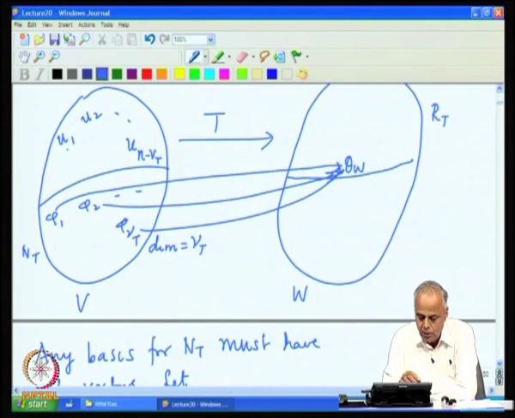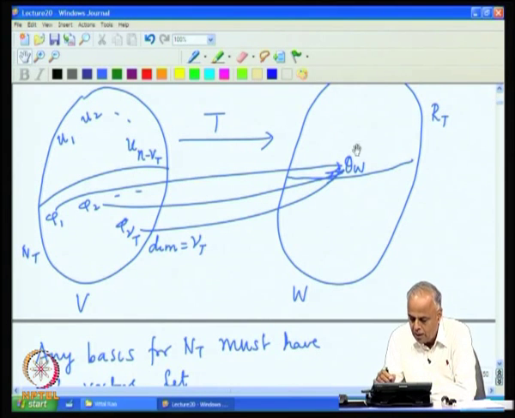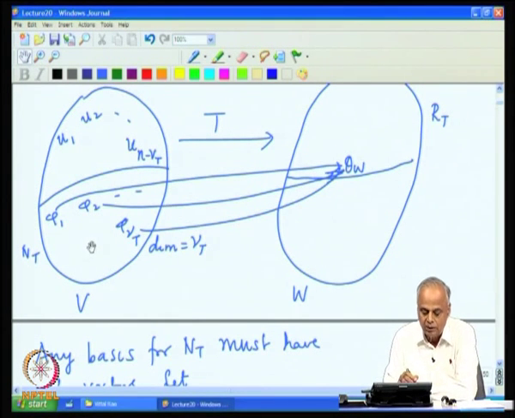Now, let us look at u1. T of u1 will be the value of T at the point u1, therefore, it will be in the range, but it will not be 0. It will not go to theta, because if it had to go to theta, u1 must be inside the null space of T, but u1 is outside the null space. So, u1 is going to the range of T, but it is going to a vector different from the 0 vector.